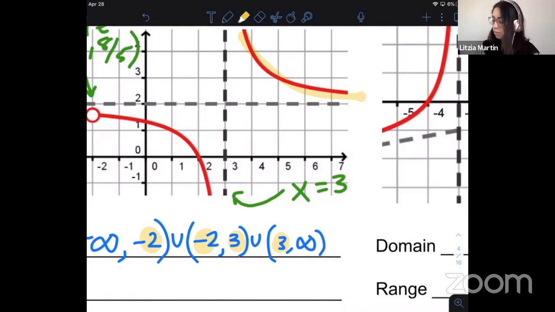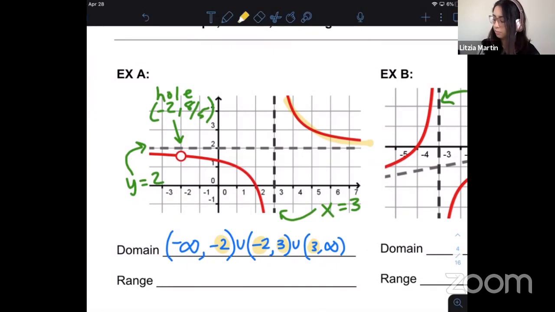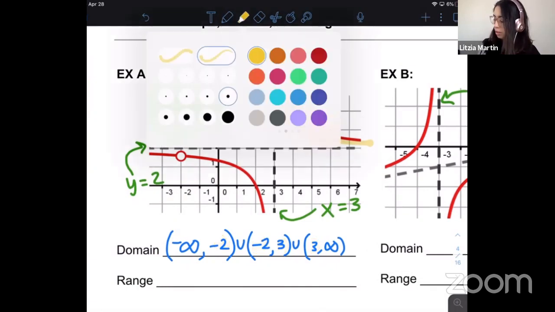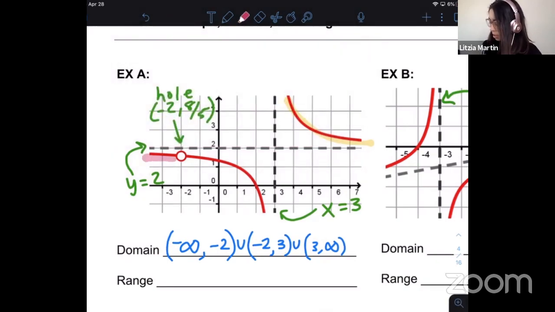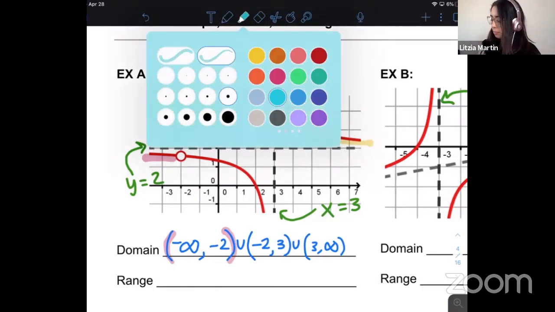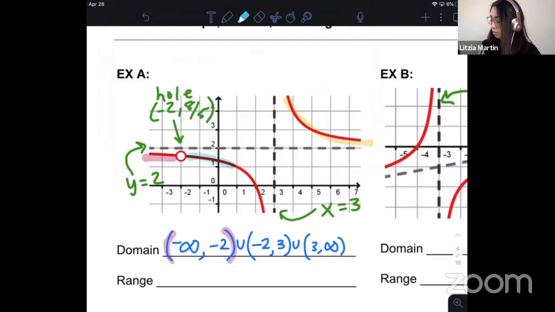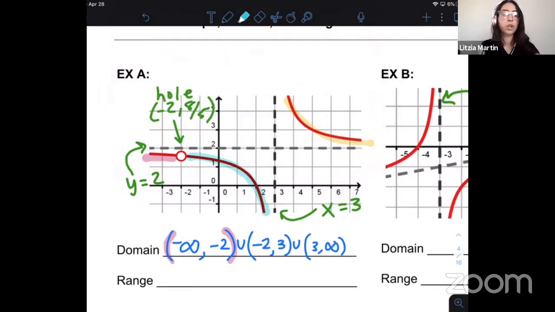And you can see, if I were to color this, this first chunk is this first set of parentheses, or first interval, I should call it.